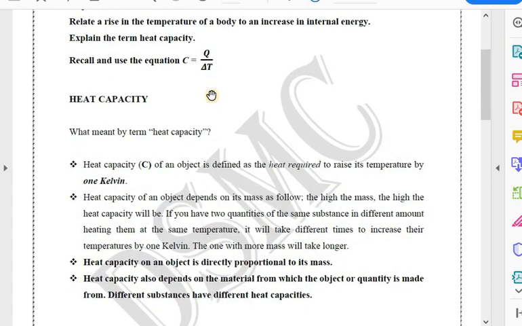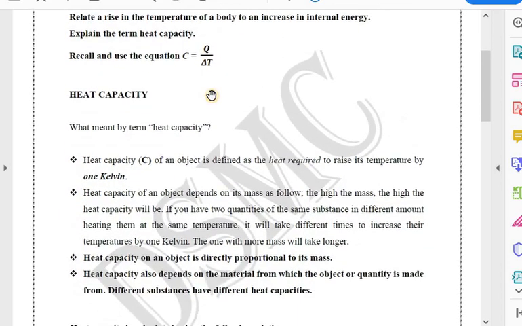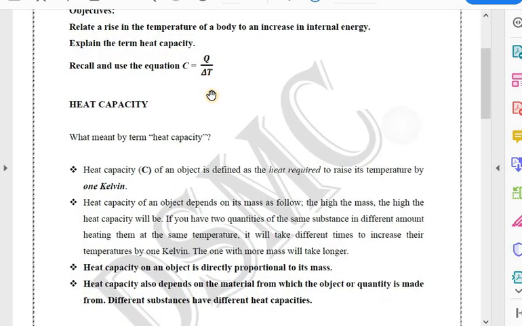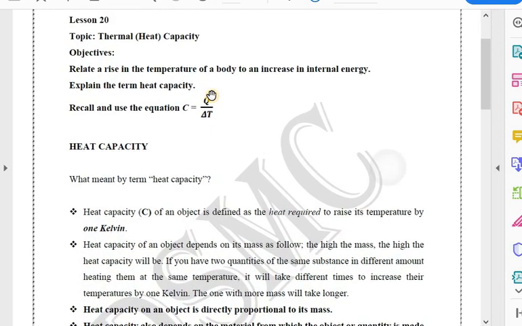If I apply this much heat to a body, what is the temperature change going to be? That in turn tells me what the heat capacity of that object is.